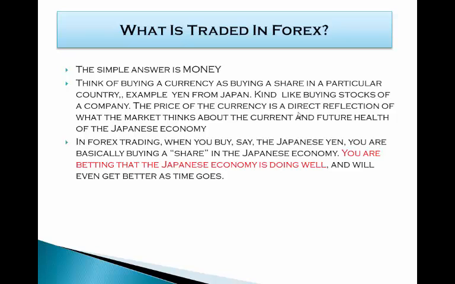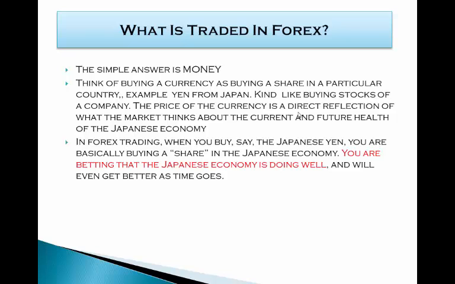Now, what is traded in forex, right? Very simple. Basically, it's money, right? Money is traded. We actually buy and sell money in the forex market. Now, if you are a trader and you say that you want to buy euro, then automatically the broker will sell for you the other currency, right? Whichever, it could be the US dollar, the pound, the Swiss franc, the Aussie dollar, whatever, right?